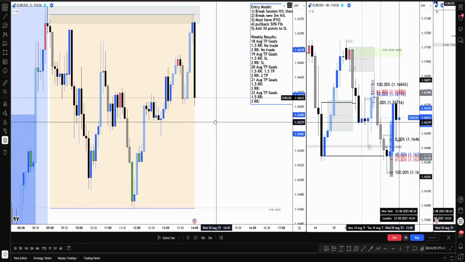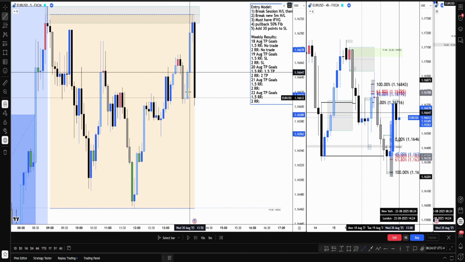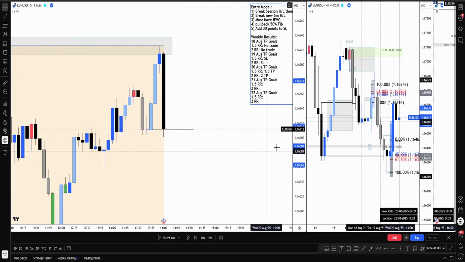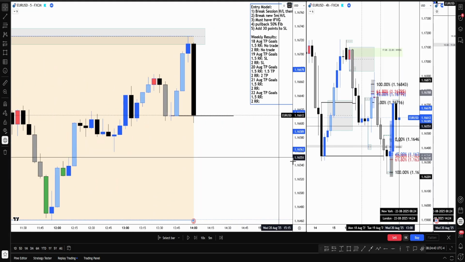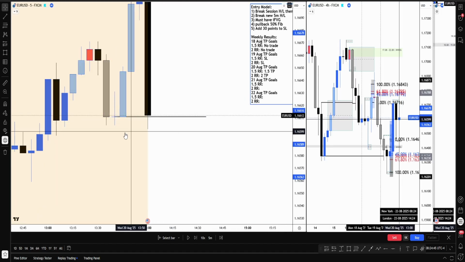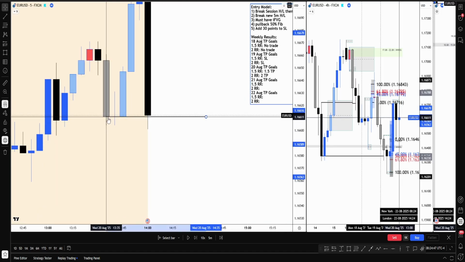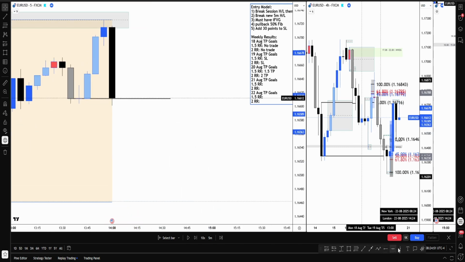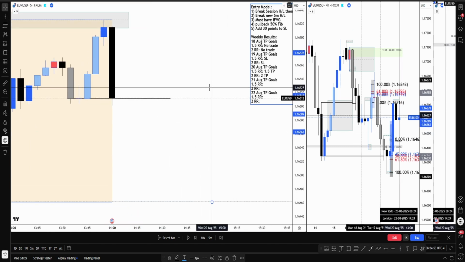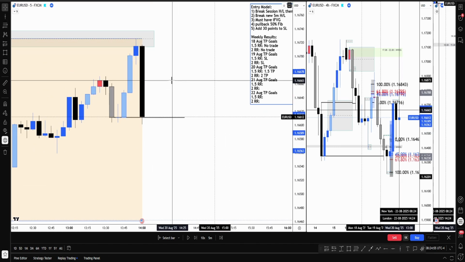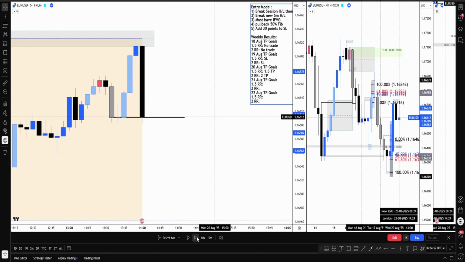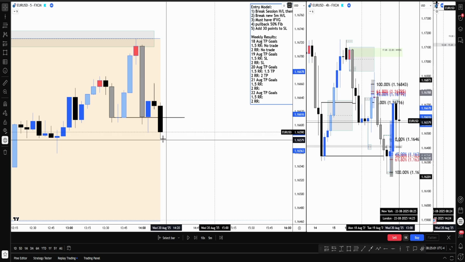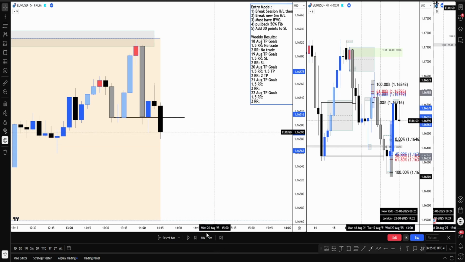Did we close below that level? Right there. No, we did not. Also keep in mind, we are looking for a trade until 3 PM New York afternoon. So let's just move forward. Did we close below it? No, we didn't. Did we close below it now? Yes, we did.